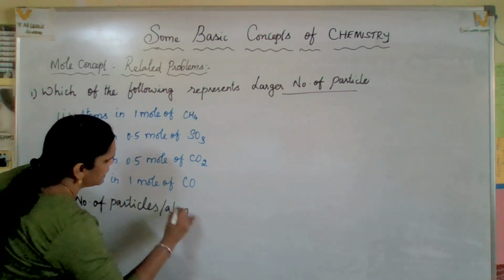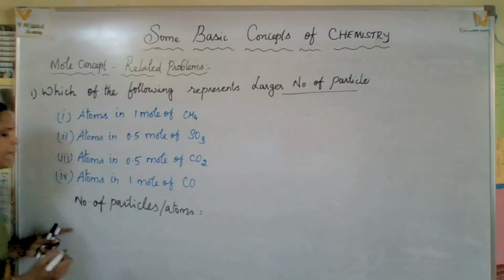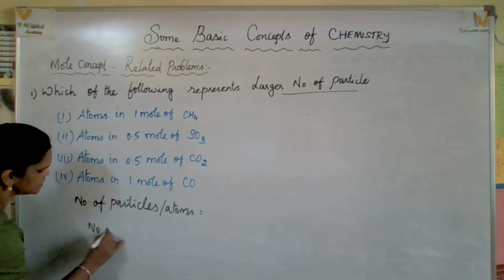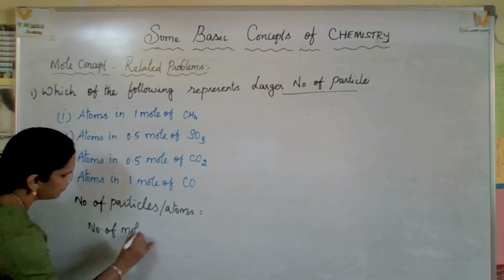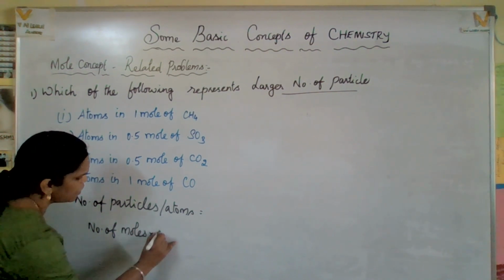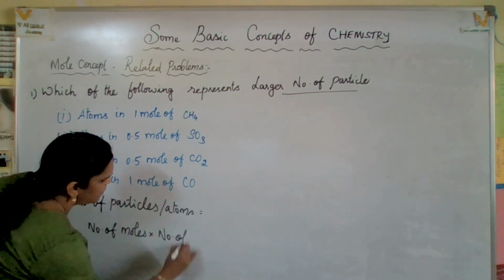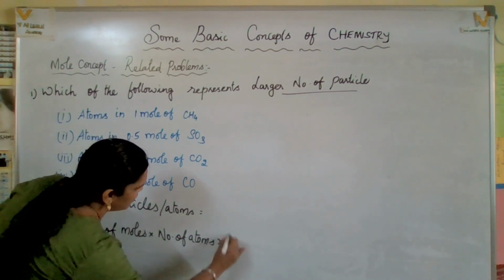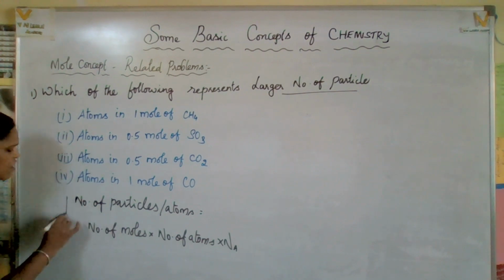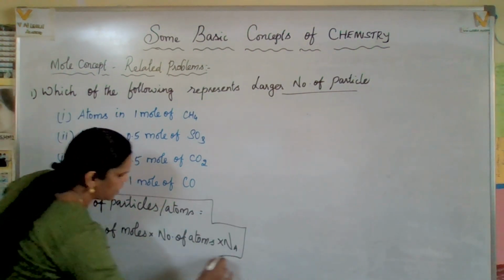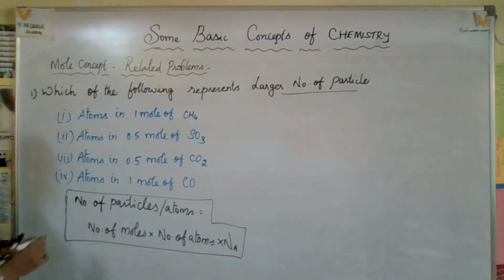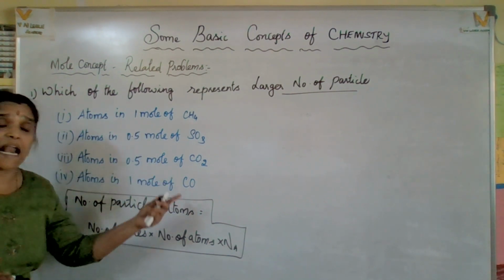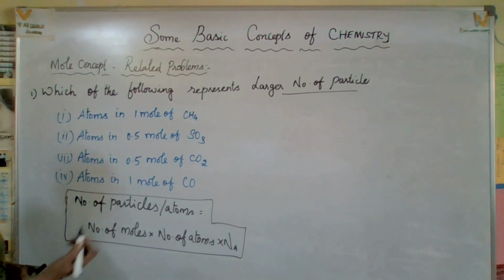So, number of particles or atoms equals number of moles into number of atoms into Avogadro number. That's all. If you know this formula, you are able to find out that number of particles. From that, which is the larger number of particles, easily you can make out.